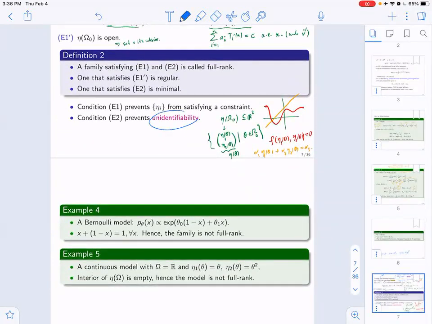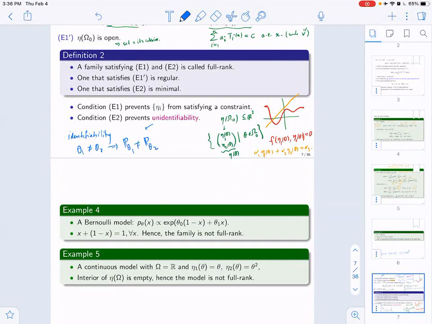And then E2 prevents unidentifiability. Identifiability, again to remind you, means that if theta 1 is not equal to theta 2, then the distributions are not equal.